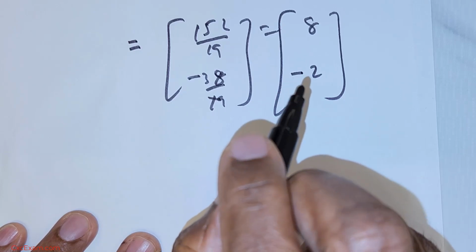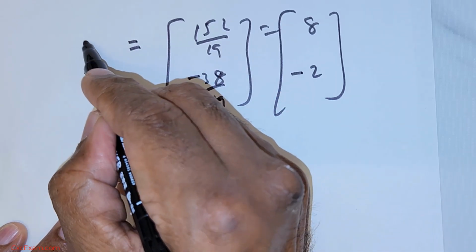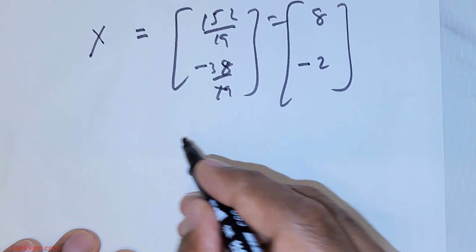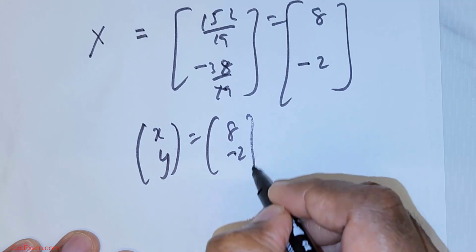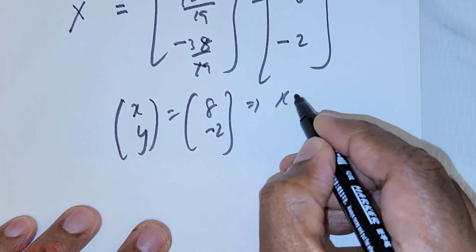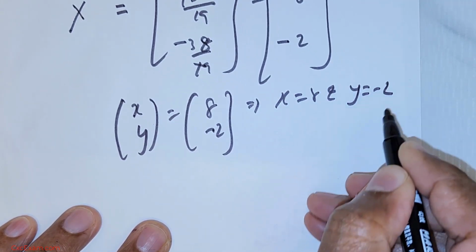Okay, so this is equated to X. This is equal to X, and what is X? X is nothing but x and y is equal to 8 and -2. So this means x is equal to 8 and y is equal to -2.